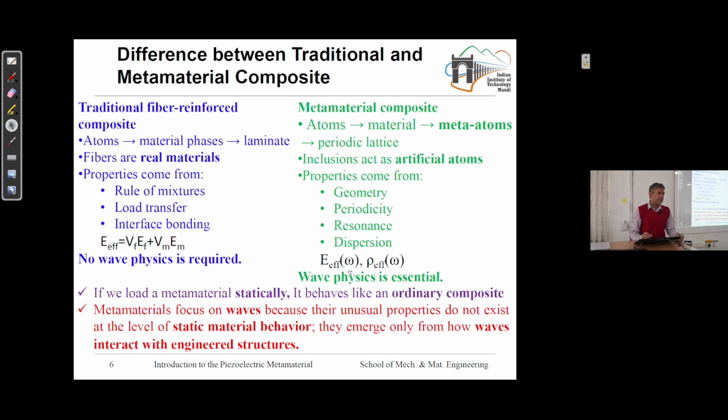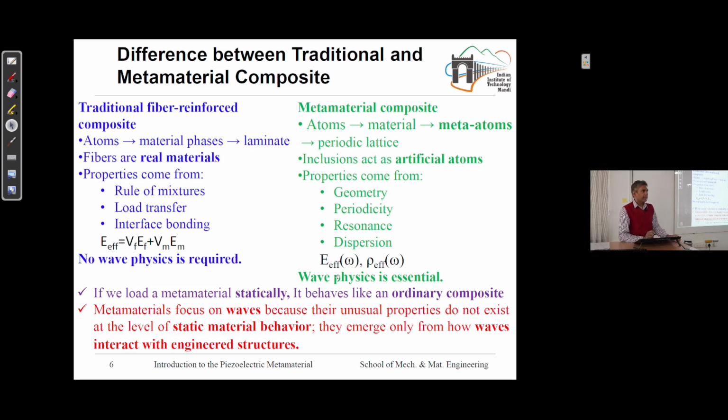The interesting thing in the case of a metamaterial is that we have E effective and, for example, density, rho effective. These properties depend on the frequency. As you can see, this is a function of frequency omega.